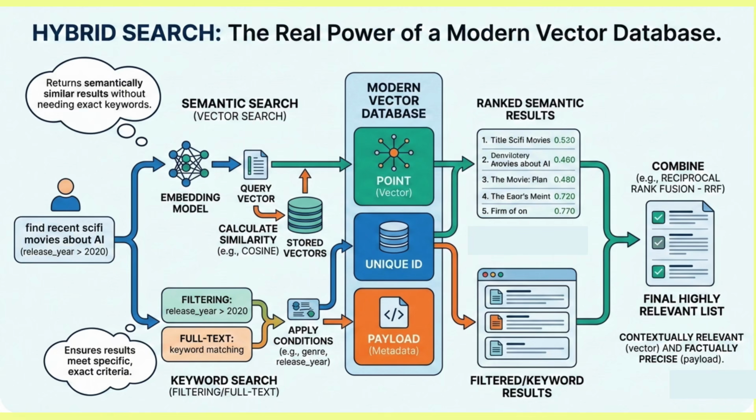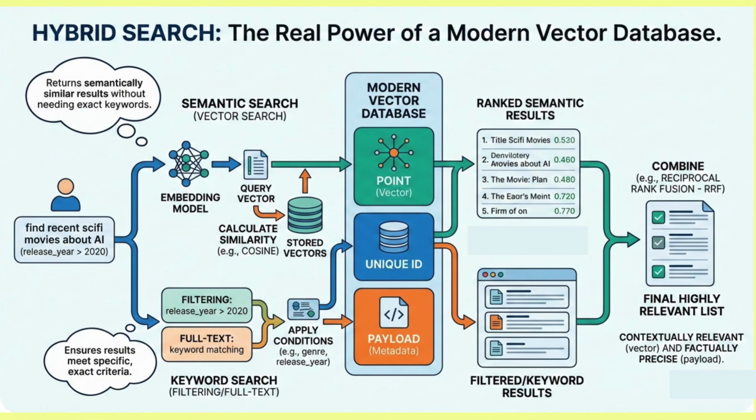Second, we have full text search. Some vector databases also integrate traditional full text or keyword search functionality directly. A separate search index checks for exact keyword matches or uses traditional inverted indexing techniques. It provides high precision when you know exactly what words or phrases you are looking for.